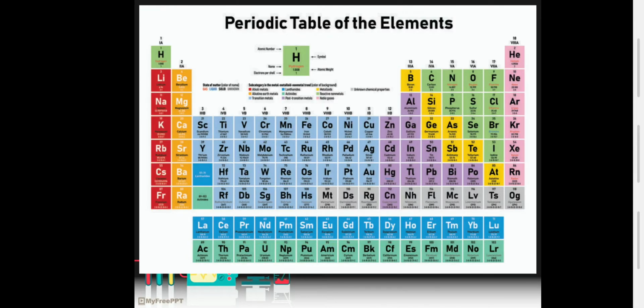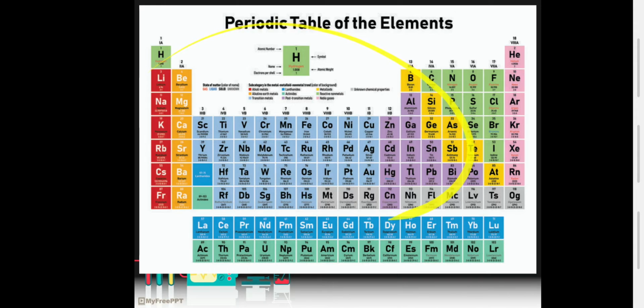Okay. Next, we have the visual of the periodic table. As you can see, this is the illustration of the periodic table. We can see now the groups and the periods, or the columns and the rows, the horizontal and the vertical lines. The periodic table is composed of the atomic number, chemical symbol, chemical name, and also the atomic mass or weight.